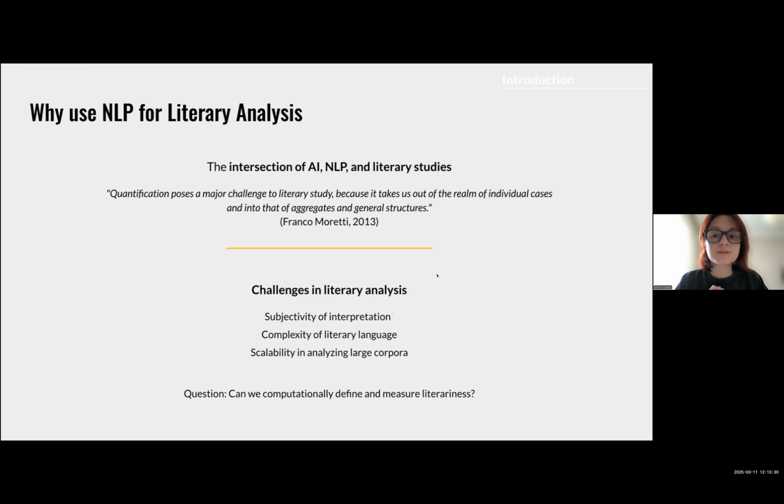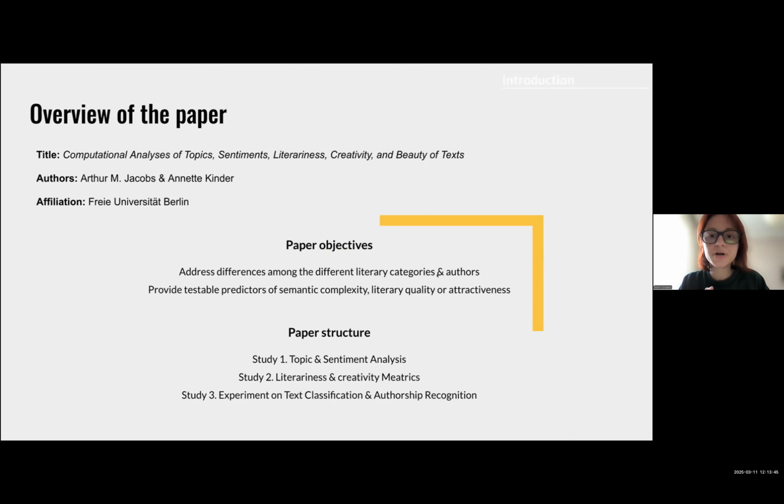Yet this prompts a fundamental question: can the essence of literariness, the beauty of texts, and the nuances of authorial creativity truly be quantified? The paper we are seeing today is authored by Arthur Jacobs and Annette Kinder, two professors of neurocognitive and learning psychology at Freie University of Berlin.